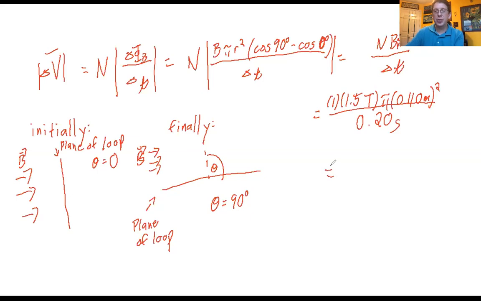And again, this is going to be in volts. So you plug all the numbers in, and you get 0.029 to two significant figures.